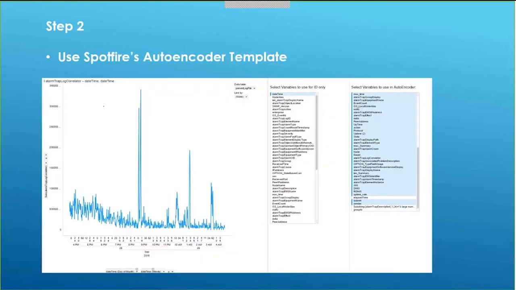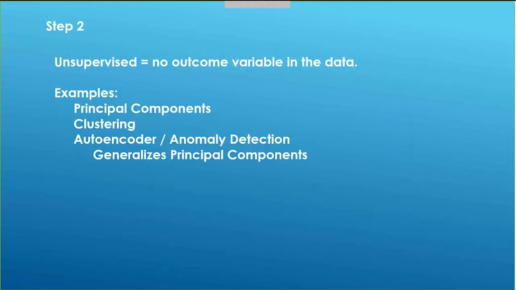So here's one of the templates that we use for this, and basically you can try and visualize some of the data, but the point here is that you would select the variables that you're going to use. In most cases you would use just about all of the data, because we're talking about an unsupervised learning situation.